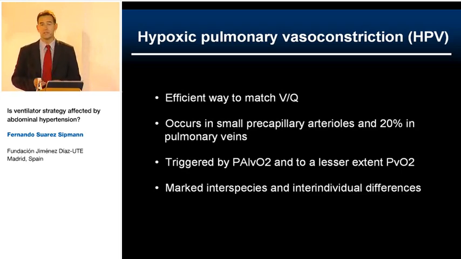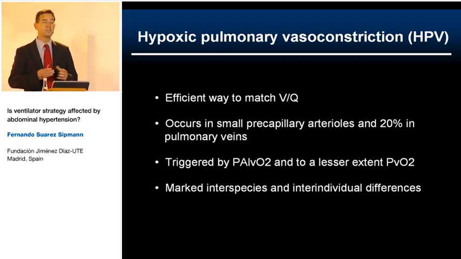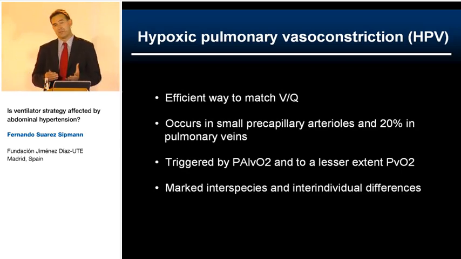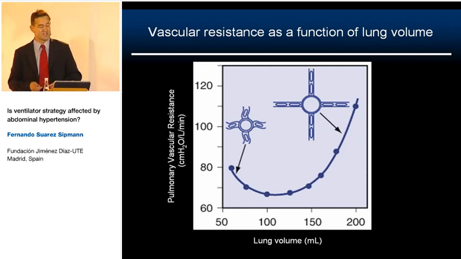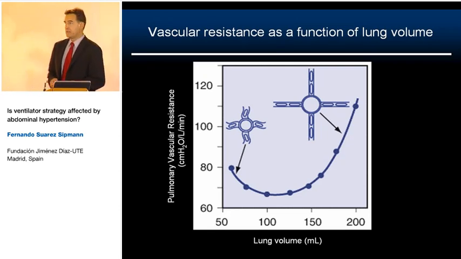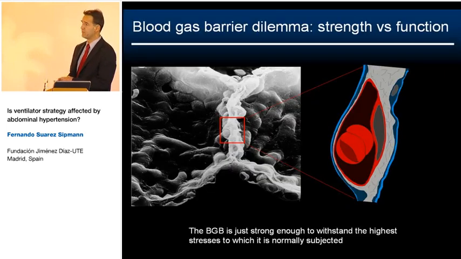And importantly, it has very marked interspecies and inter-individual differences, which makes it very difficult to predict the response in a particular individual, especially in a state of disease. Another particularity is that the pulmonary vascular resistance is mainly influenced by the lung volume in a U-shaped form.